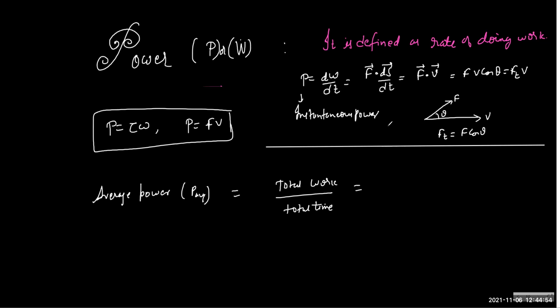So we can write as, or sometimes we can also define as, so work we can define in a variety of ways. So total work can also be defined as change in kinetic energy. You can write like this. There are a variety of ways in which you can define.